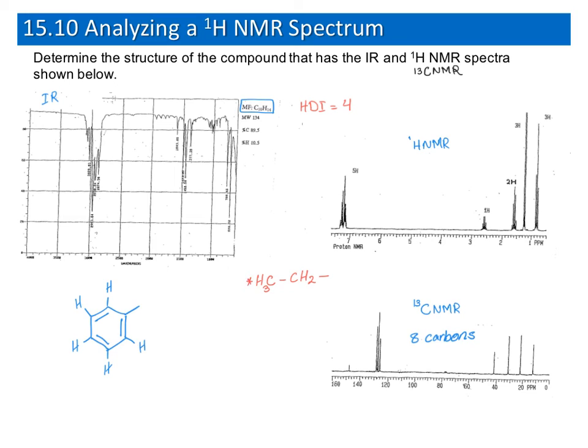Now if you look at the next signal, again we have 3 hydrogens as a doublet. So we can think about having a CH3 group next to the CH group. So CH3 group, integration of 3 hydrogens, and this hydrogen, 1 plus 1 is 2, makes this one a doublet right here.